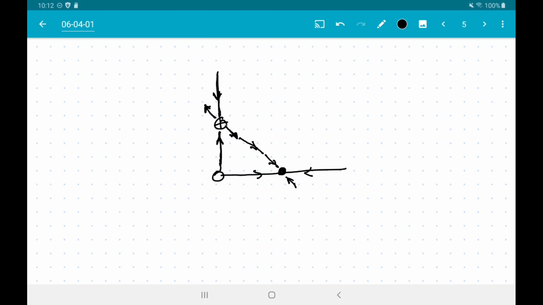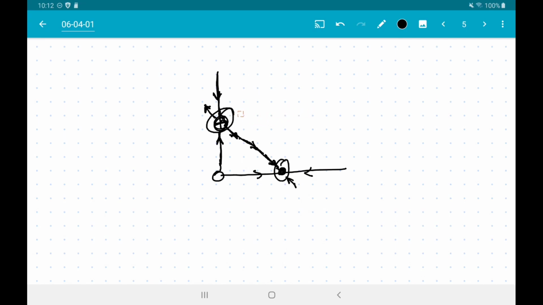The unstable manifold of this saddle actually goes from the saddle and converges in forward time to the fixed point over here. This is a special kind of trajectory. This is called a heteroclinic trajectory because in forward time it converges to one fixed point, and in reverse time it goes back to a different fixed point.